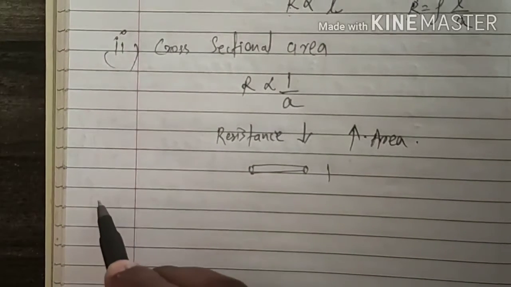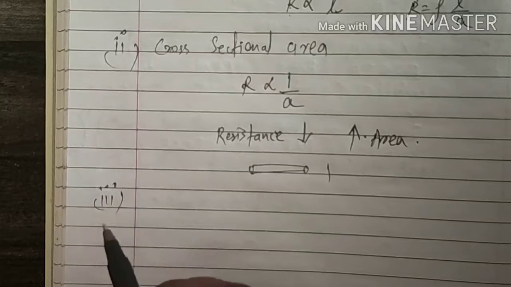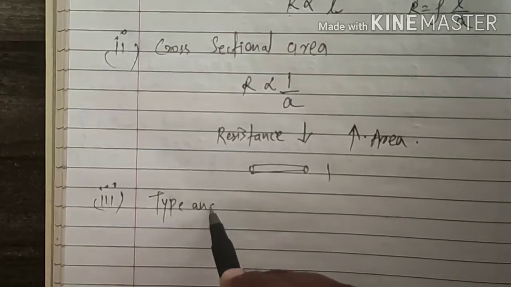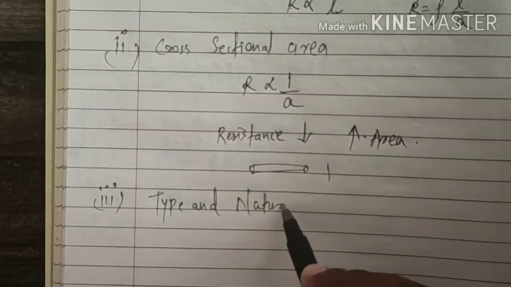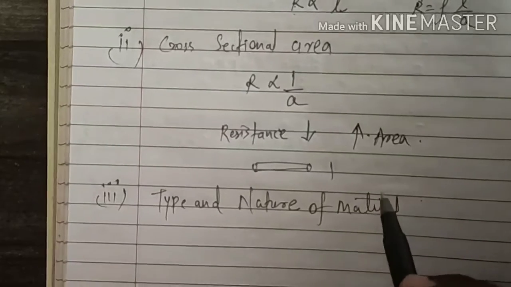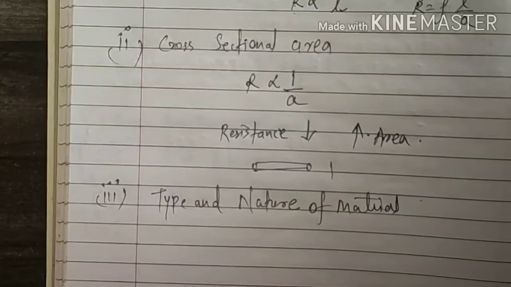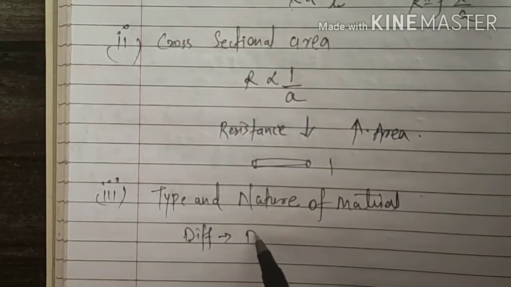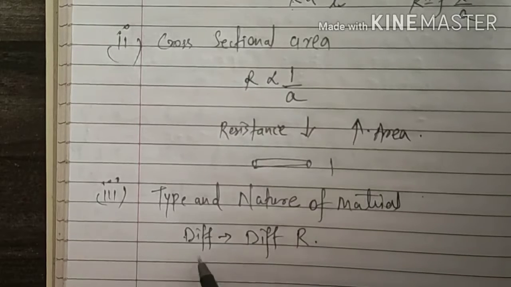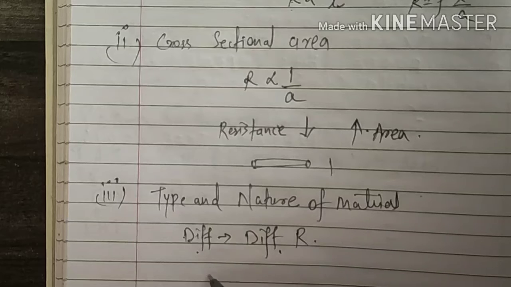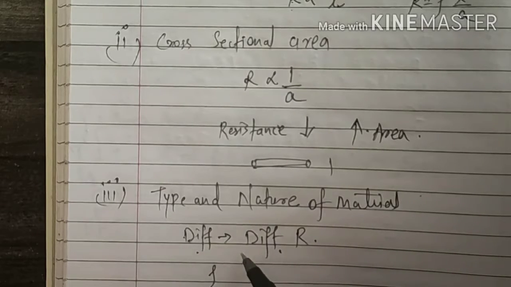Then the third one is the type and nature of material. The value of resistance is different for different conductors. Different material means different resistance. The resistivity is directly proportional to the resistance.